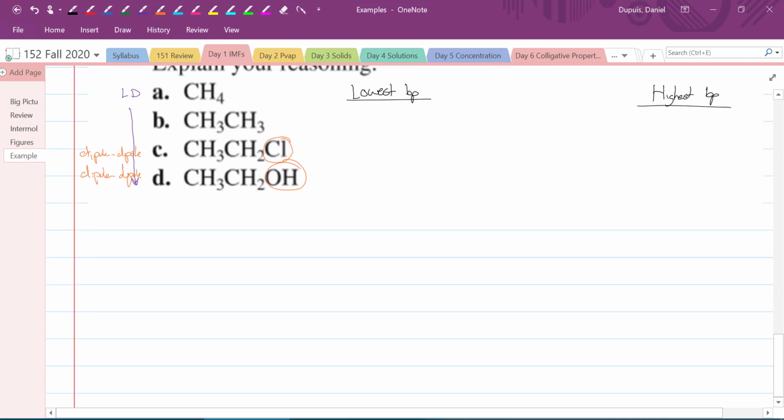If I need to draw these out, go for it. So there's CH4. We've got CH3, CH3, HCCH, HH. All tetrahedral. So far, we're all tetrahedral, nonpolar.